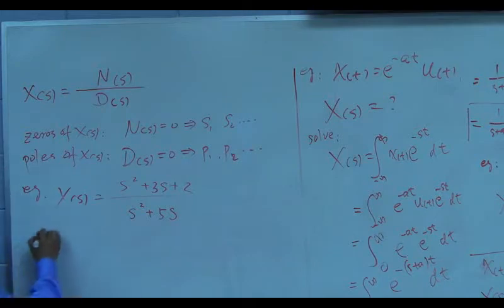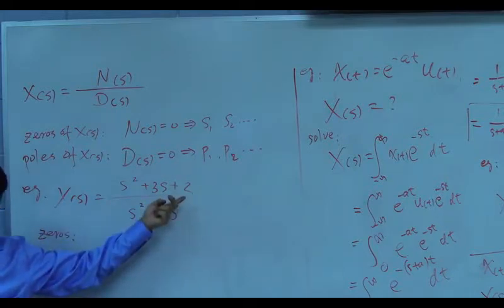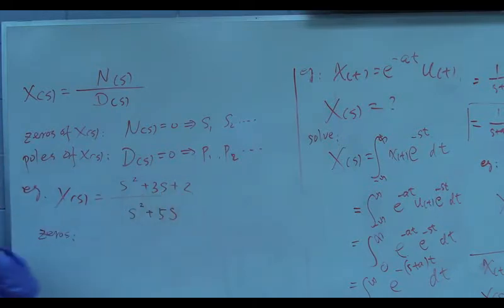What we want is the zeros first. The zeros are the values of s that make this one equal to 0. That means make the top equal to 0. Right? So how do we do this?